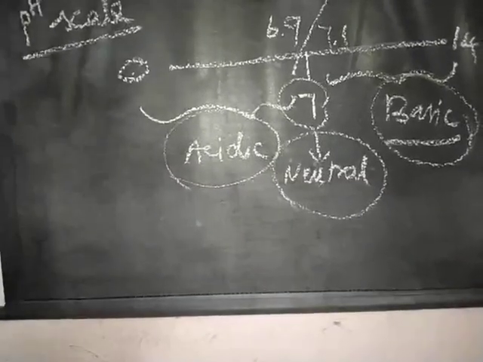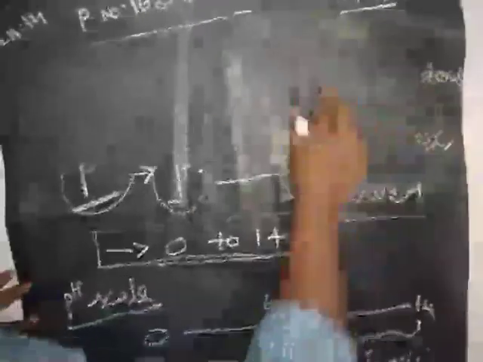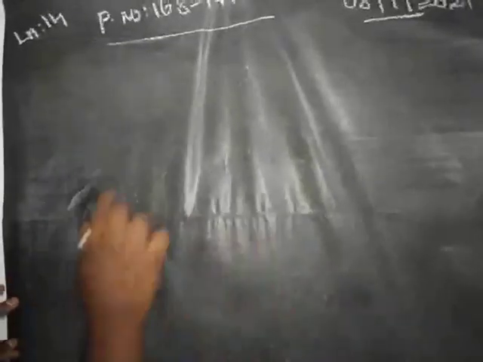Next one, salt. What is meant by salt? We have already studied it in the chemical properties of acids and bases. What is meant by neutralization reaction? The reaction between acid and base to form a new substance, called salt, plus water, and an amount of heat energy is liberated.